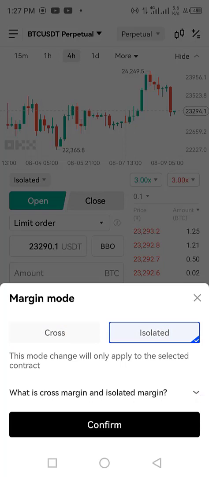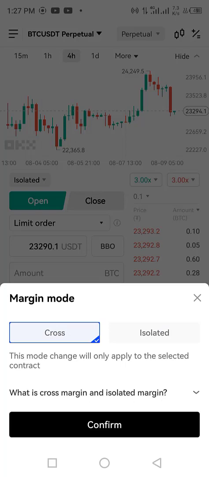If you click here, a cross margin means that your entire futures account is open to that very position. That means in case of liquidation, let's say for example you have 100 USDT in your account and you are using a cross margin, and out of that you use 50 USDT to enter the trade.